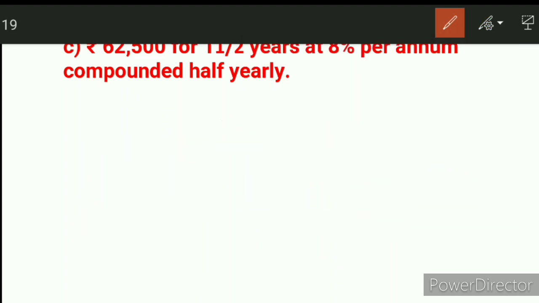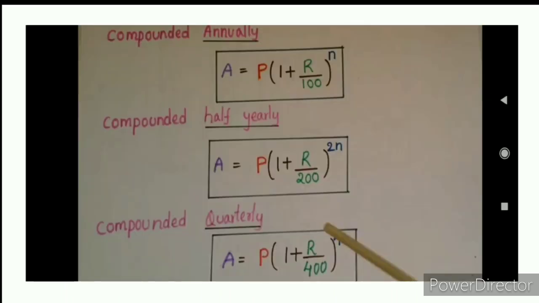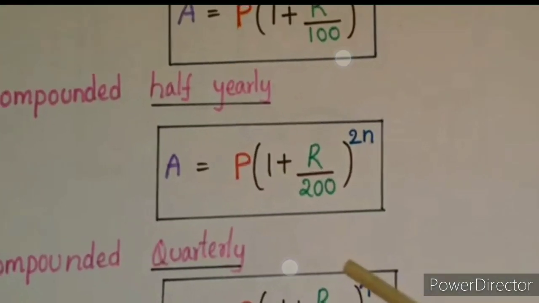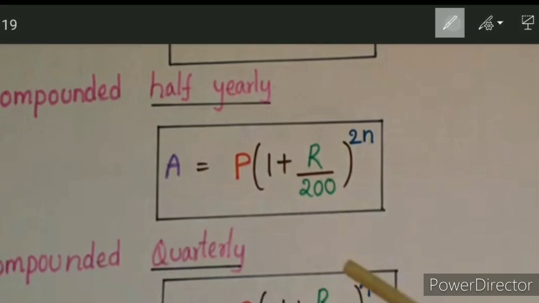What is that half yearly formula? Here we are having compounded half yearly. This is the formula to be used to solve C, D and E parts of questions, because that is about compounded half yearly, or sometimes they will give semi-annually.